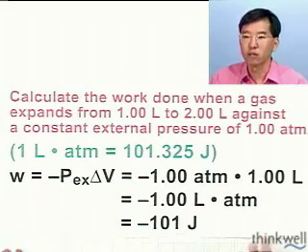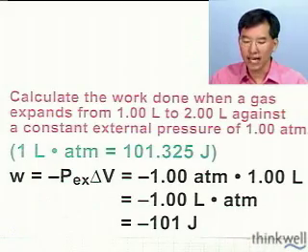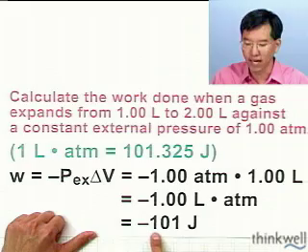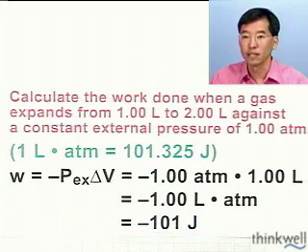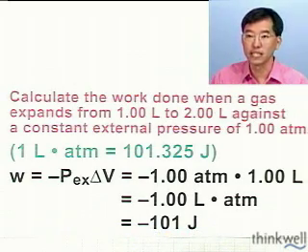So we can now relate work done, particularly PV work, which is what we're going to be interested in, to the change in internal energy of the system. It says that the internal energy of the system, if there's no heat transferred, so in other words, if Q is 0, has also changed by an amount of minus 101 joules, so that the final internal energy is actually lower than the initial internal energy.